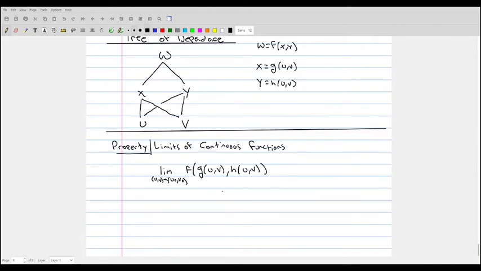If these functions are all continuous, so the limit of all the functions exists, so f is continuous, g is continuous, and h is continuous, this is the same thing as f of the limit, as (u,v) goes to (u naught, v naught), of g, and then the limit of h.